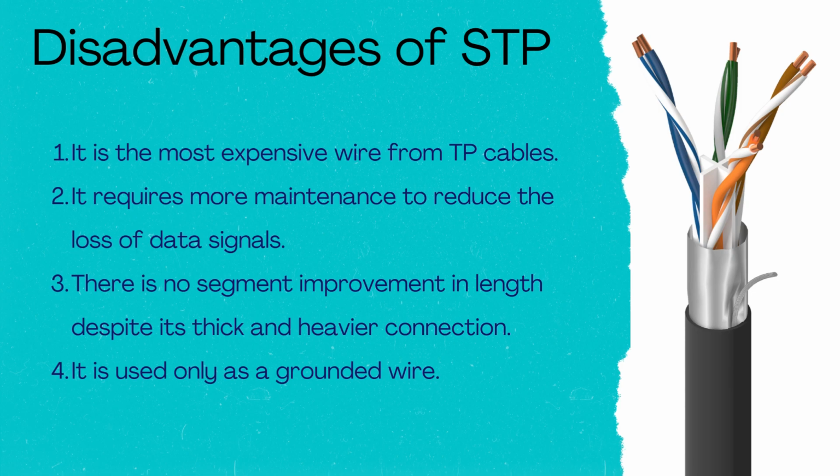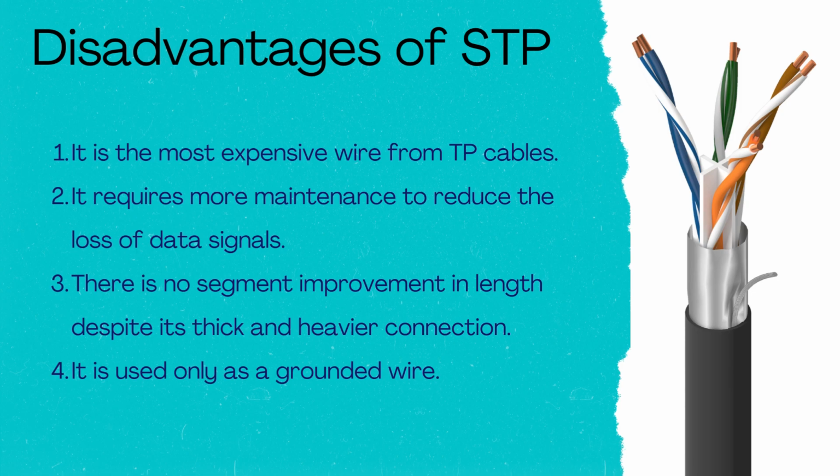Another drawback is limited cable length improvement. Despite the presence of shielding, STP cables do not offer a significant improvement in cable length compared to UTP cables. Both UTP and STP cables typically have a maximum recommended cable length of 100 meters for Ethernet applications.